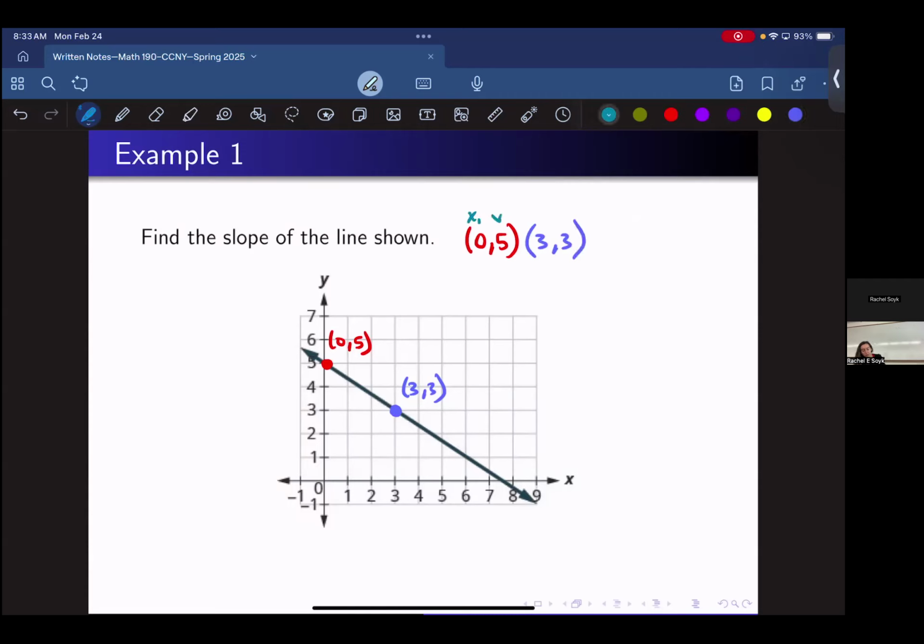This is your first X, your first Y, your second X, your second Y, and then do the change in Y over the change in X. So we're looking at Y2 minus Y1 over X2 minus X1. This is 3 minus 5 over 3 minus 0, which gives us negative 2 over 3 to be our slope.